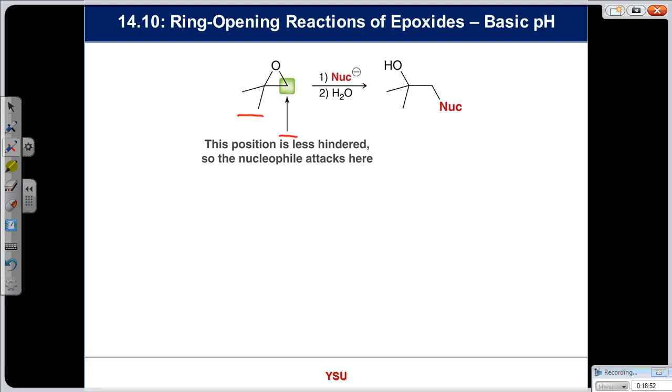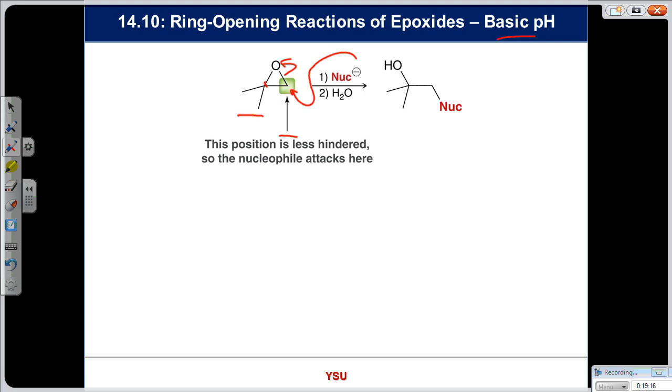So it should be fairly obvious. If you can identify that this is a basic reaction at basic pH, then the nucleophile is going to have a much easier time attacking there than attacking here. So if you identify the reaction as being in basic conditions and you have an epoxide opening, it's going to attack at the less crowded carbon, simply because it's acting like an SN2 type reaction. Nothing different to anything we've done in the past.